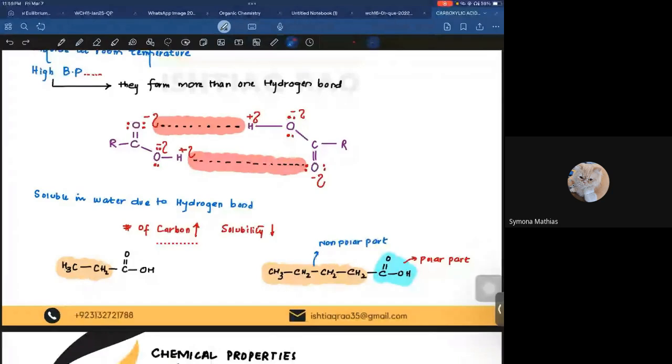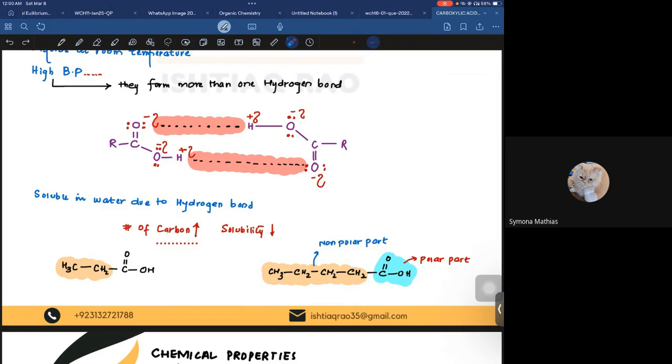As the number of carbon increases, the number of electrons increases. That's the reason intermolecular force increases. और surface area भी यही होता है कि as the surface area increases, तो intermolecular force increases, and that's why the melting and boiling point will also increase.